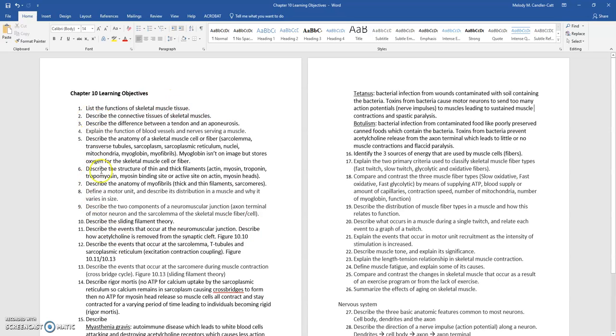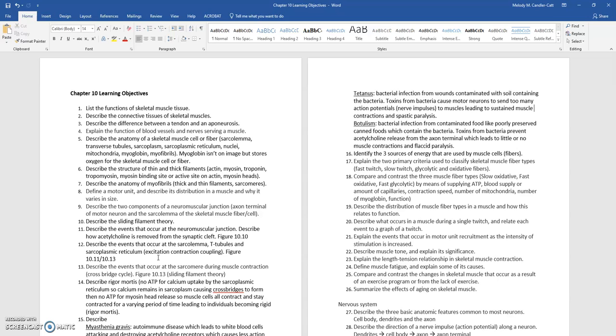In lab, you learned the gross anatomy of the skeletal muscles. You're identifying the biceps brachii and the sternocleidomastoid and the vastus intermedius and the gluteus maximus, all those muscles that you can see without a microscope. In lecture, we need to talk about how the skeletal muscles actually shorten, contract.